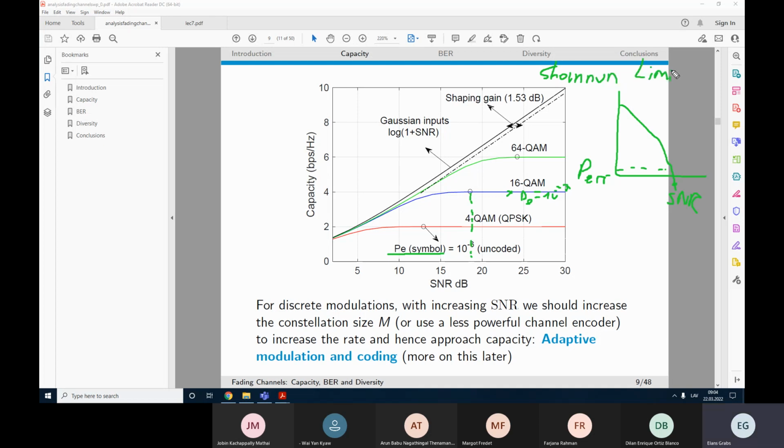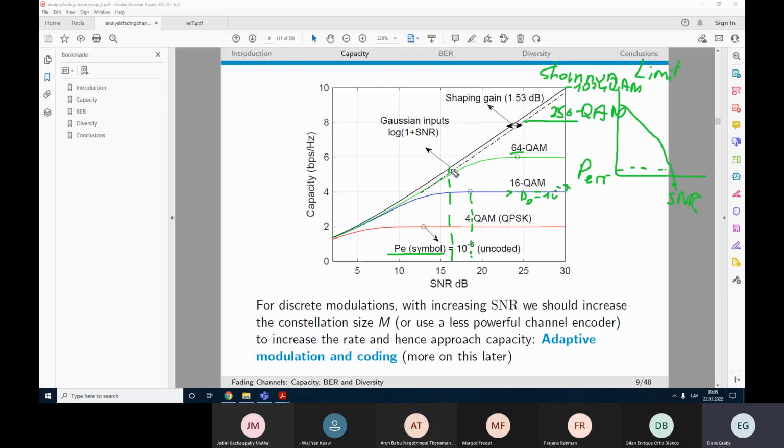As you can see, the only way to approach this Shannon limit is to use more symbols for quadrature amplitude modulation. Somewhere here we are going to have 256 QAM, here 1024 QAM, and so forth. So that's the only way.